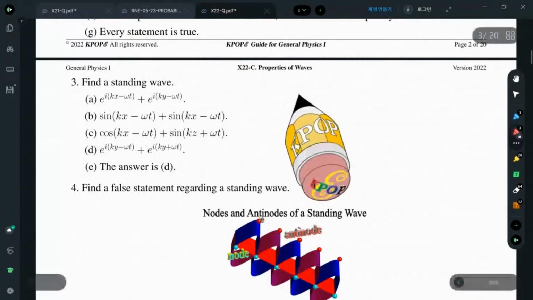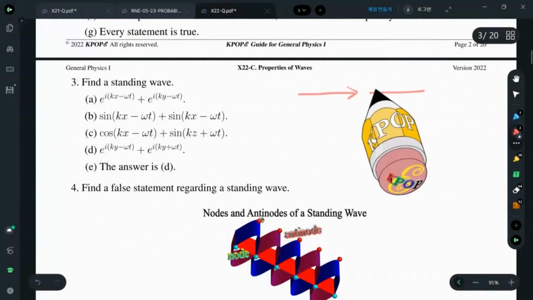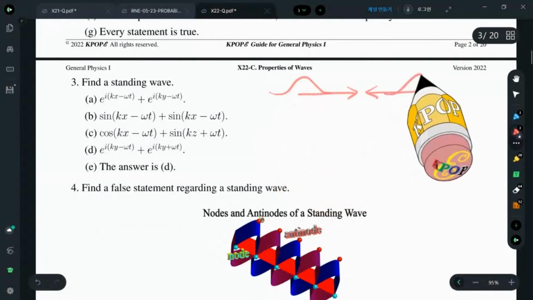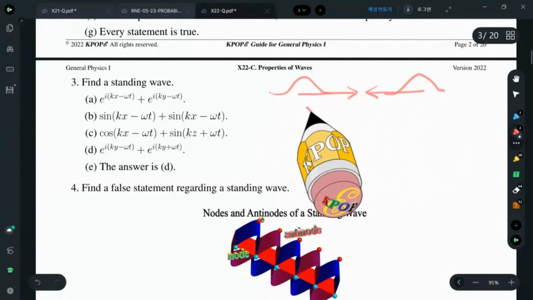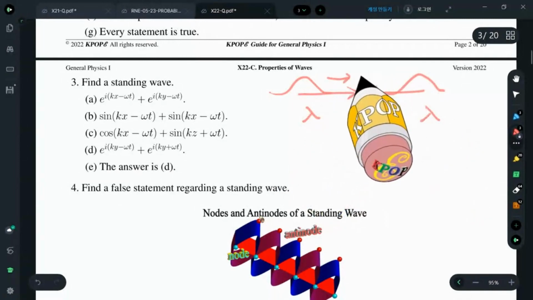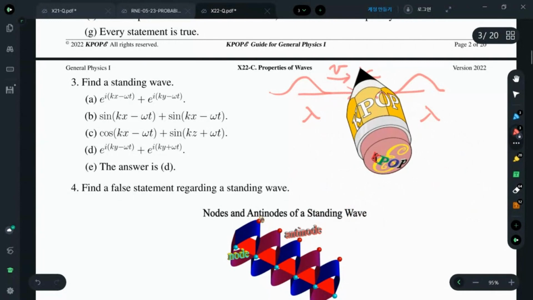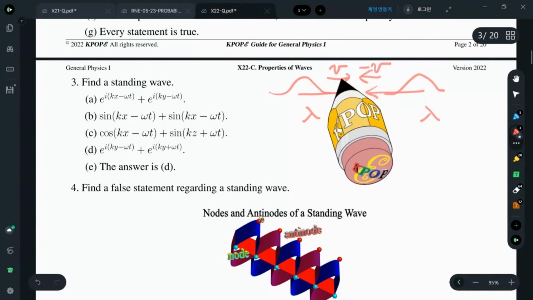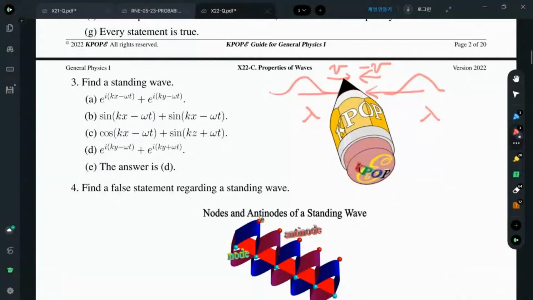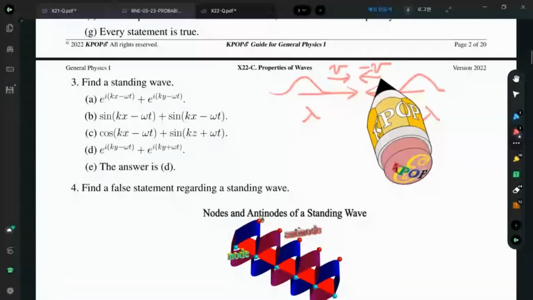Find the standing wave. A standing wave happens when two waves of equal wavelengths have opposite motion. The propagation direction is absolutely opposite.